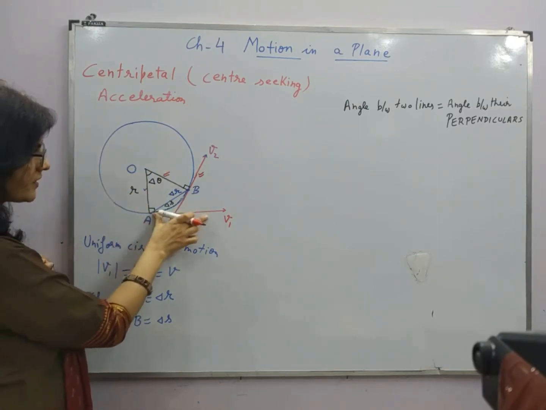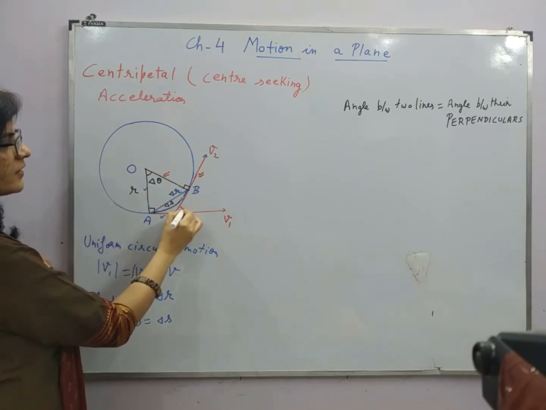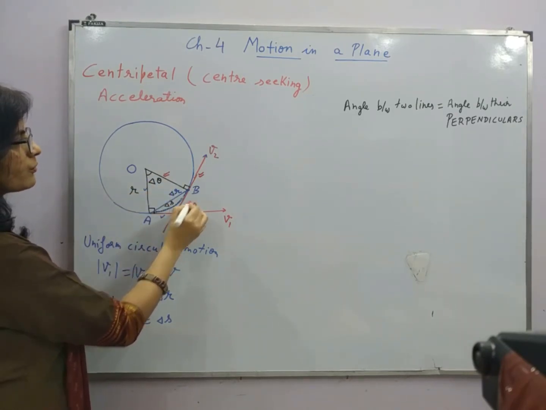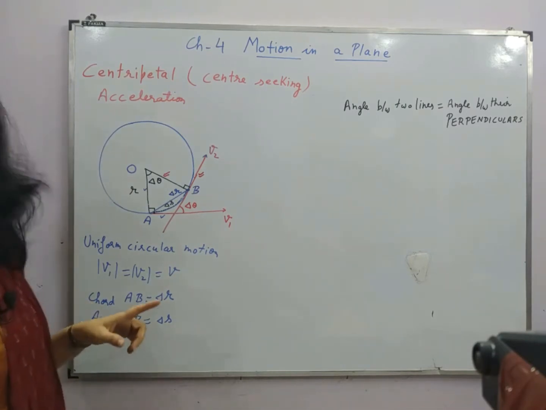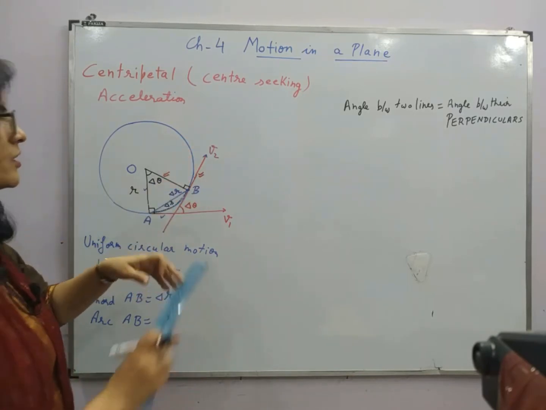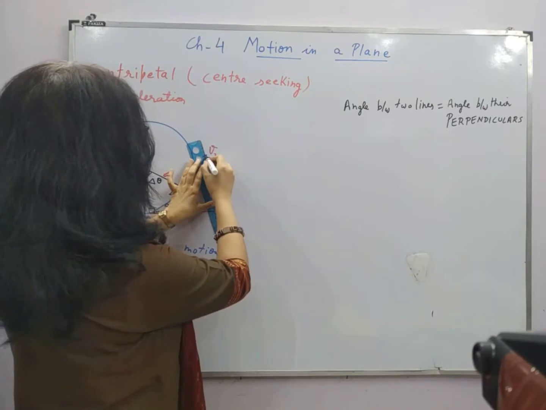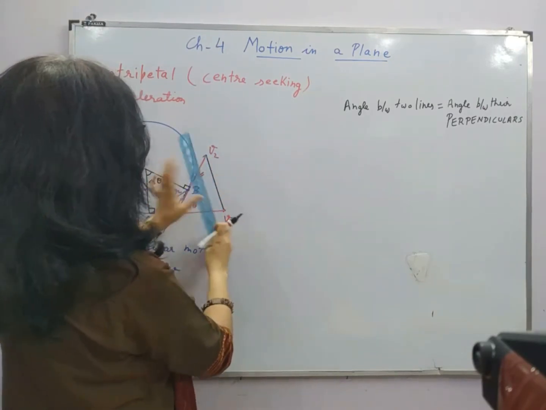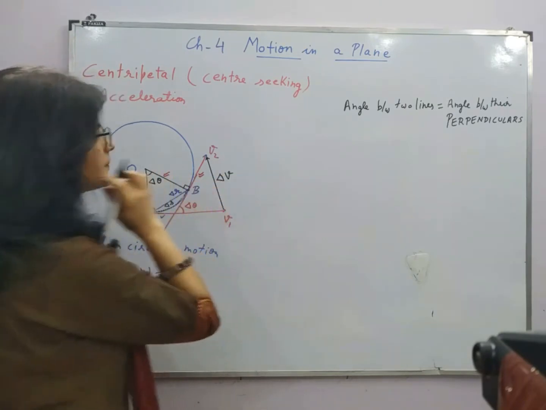Its perpendicular is this, its perpendicular is this. So if this angle is delta theta, this angle will also be delta theta, right? If V1 is the direction of this velocity, V2 is this direction, then by triangle law, this will give me the change in velocity.